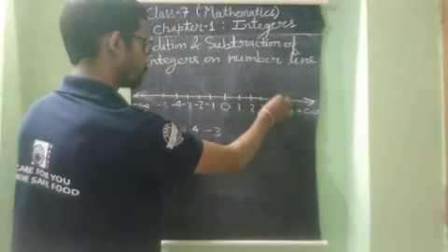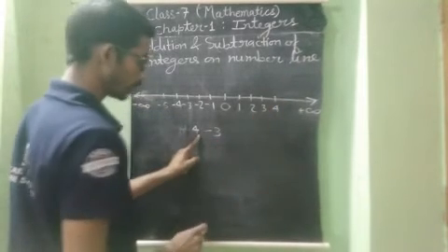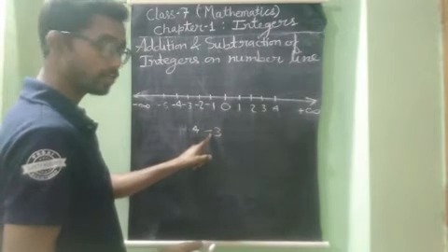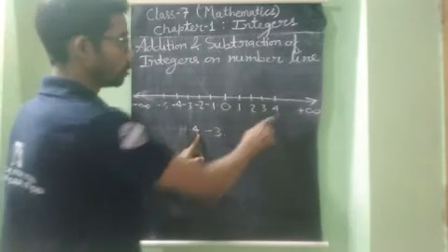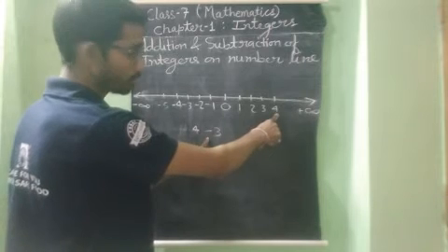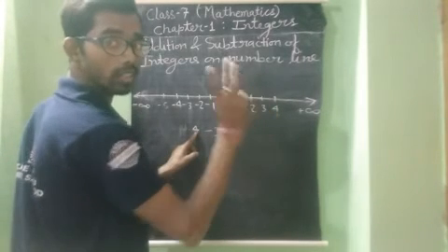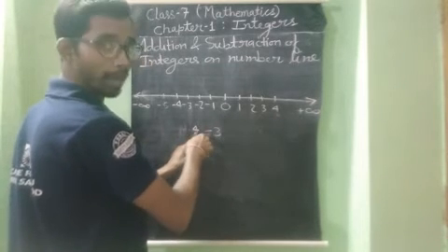4 is here. First of all, choose 4 and then you go. If there is negative sign, then you have to go left side of 4. 3 has negative sign, so go left side of 4, 3 times, because there is 3 here with minus sign.